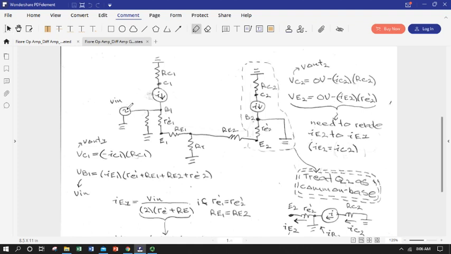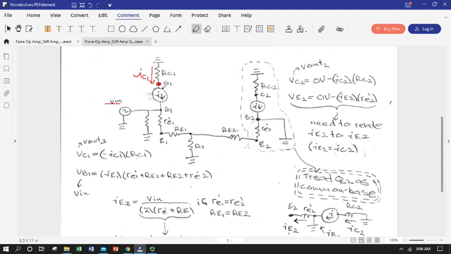So here's our input signal, single-ended input going into transistor 1. We have our AC current source, which we're representing the transistor as. So here's our collector current 1 flowing from ground over our collector resistor. So our collector point 1, collector voltage 1, is going to be one of our outputs.